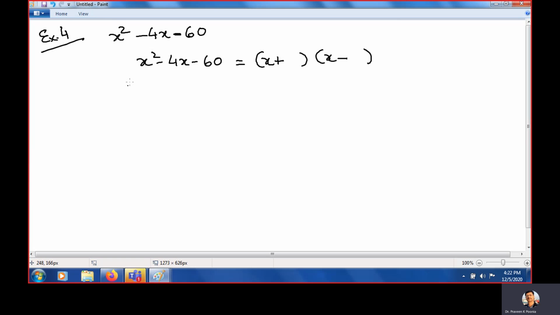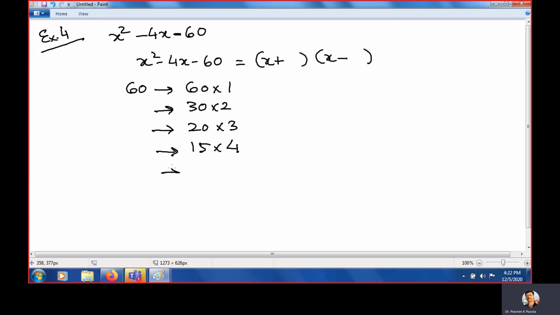Now try to find the factors of 60. 60 times 1, then 30 times 2, then 20 times 3, then 15 times 4, then 12 times 5, then 10 times 6. 7, 8 and 9 are not factors. That's all. These are the possible factors.